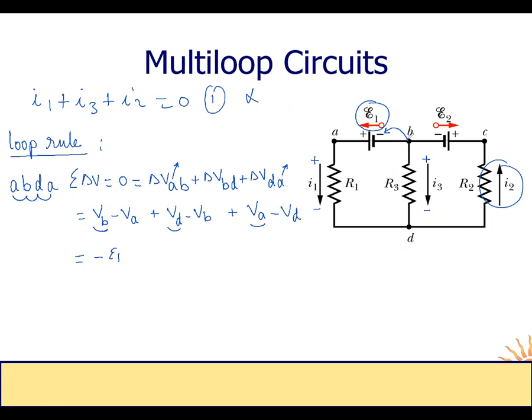VBD, D is at the negative sign, so we put minus. The voltage at the resistance equals I3 R3. DA, here A is at the positive sign, so we have plus. The voltage at this resistance equals I1 times R1, equals 0. This is the second equation.